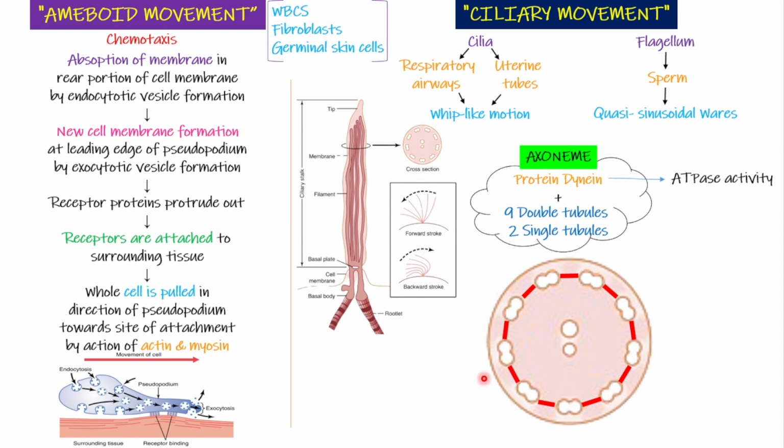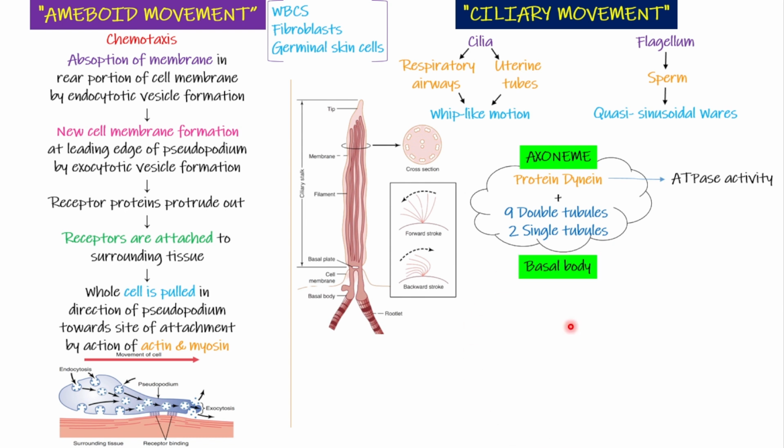So this whole structure, 9 double tubules with the single tubules with the dynein, is known as axoneme. Okay, so one is axoneme and the other one is the basal body. So this is the axoneme and this one labeled here is the basal body of the cilia.